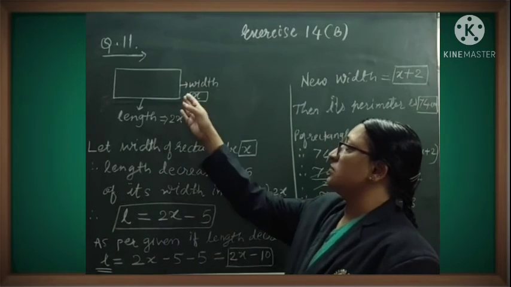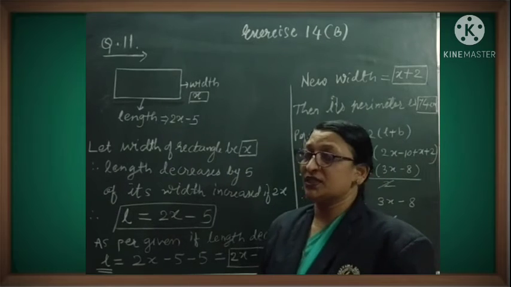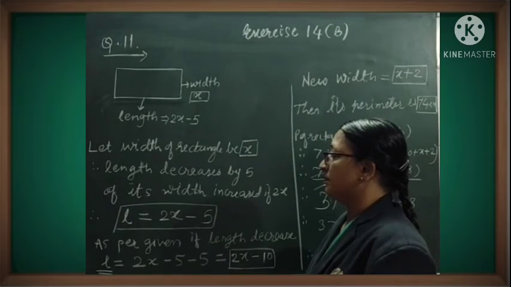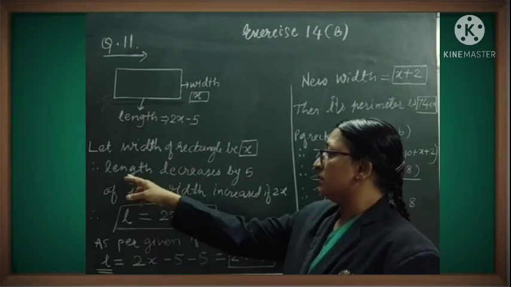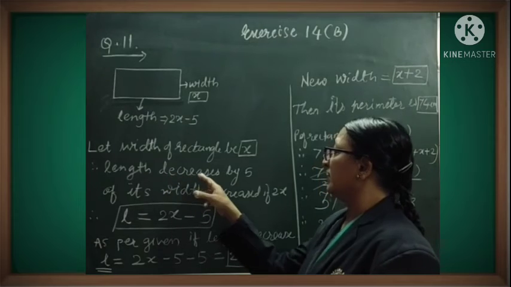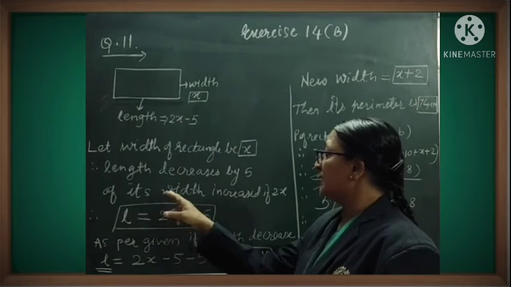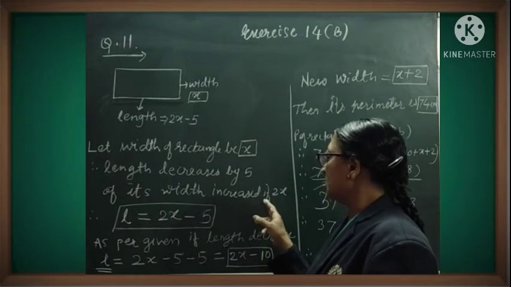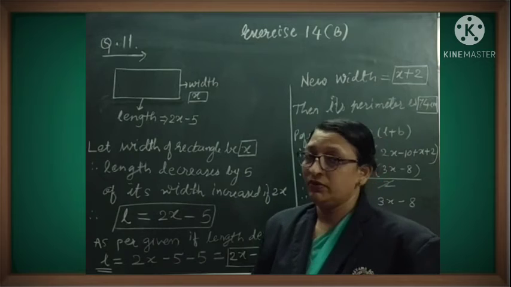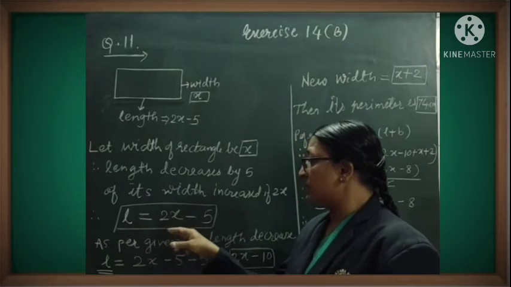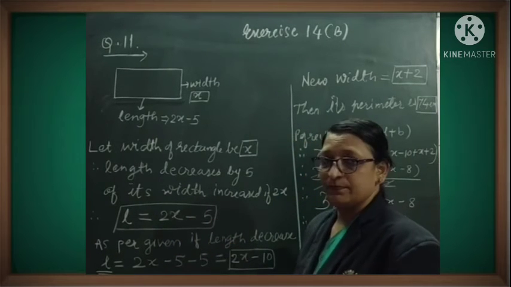Let us consider this is the rectangle with width x centimeter. Since the length is 5 less than twice its width, we can write here length is equal to 2x minus 5.